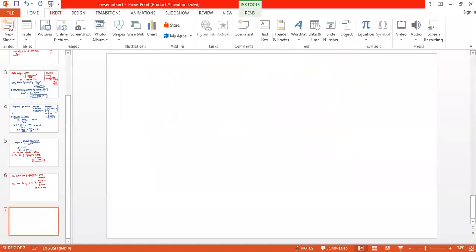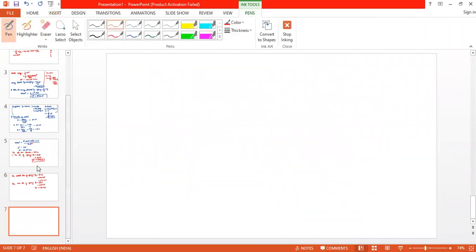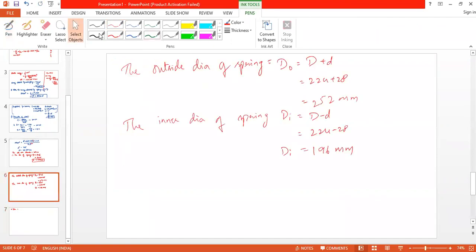Okay. Next, what do we need to find? Diameter of the coil is done. This is number 2.